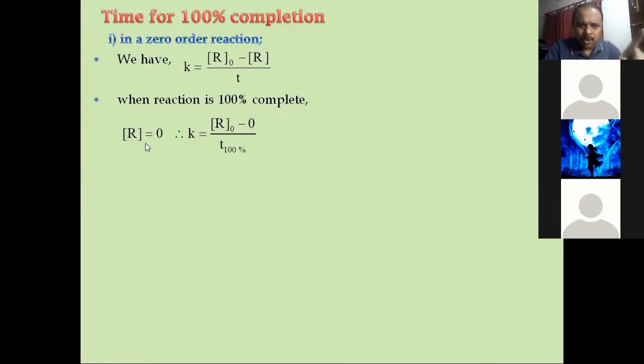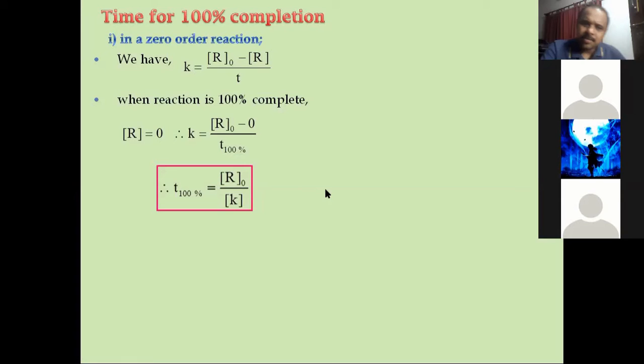So R becomes 0. Therefore, what happens to this equation? Initial concentration minus 0 by t 100%. So t 100% for zero order is R naught by k. That gives the time taken by a zero order reaction to complete 100%.